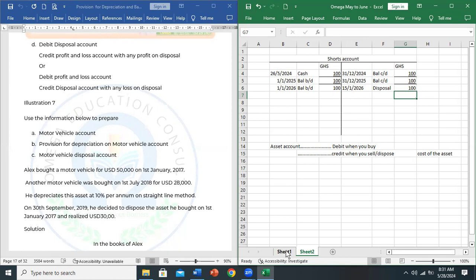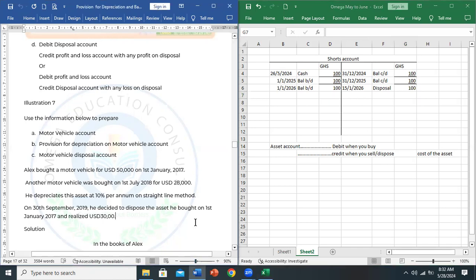He depreciates the assets at 10% per annum on a straight line method. On 30th September 2019, he decided to dispose of the assets he bought on the 1st January 2017 and realized US dollars 30,000. Okay. Thank you very much.